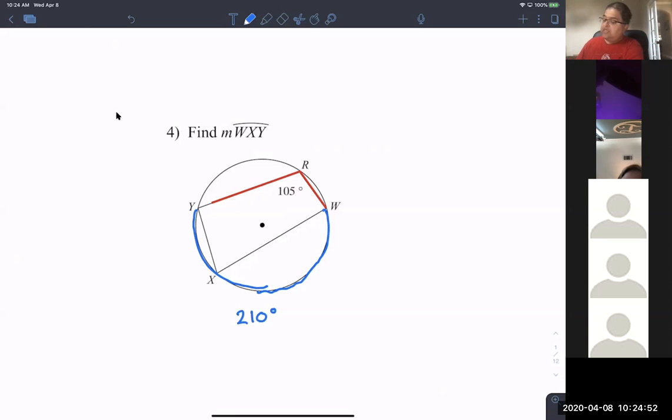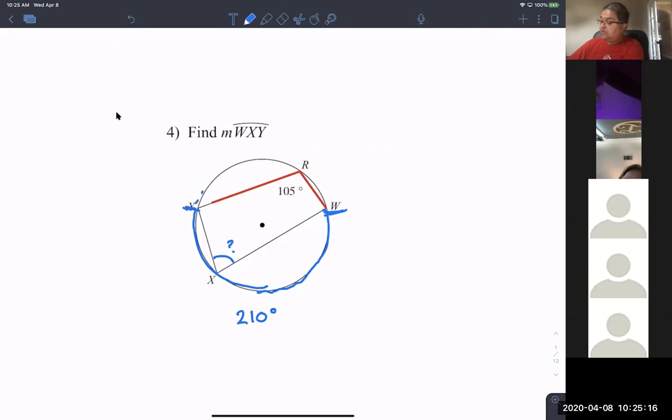Okay. So let me ask you a question. What does that make X? How can we figure that out based on this diagram? 360 minus 210. Right, because remember a full circle is 360 degrees. So from here to here is 210.